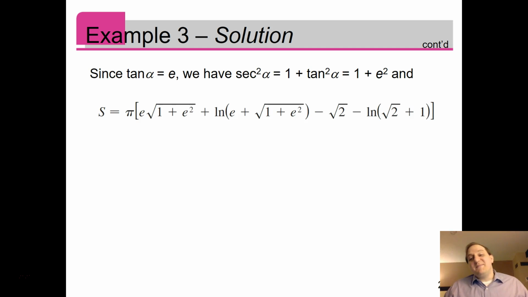The point that I wanted to make with that example was that sometimes when you are doing a surface area problem, or one of these other problems, you still have to make a trig substitution to get to the final answer. So it's not just, oh, I know the formula and then I'm done. All the techniques that we learn in the first part of the course are really relevant for what we're going to continue doing, particularly the trig substitution and the partial fraction decomposition.